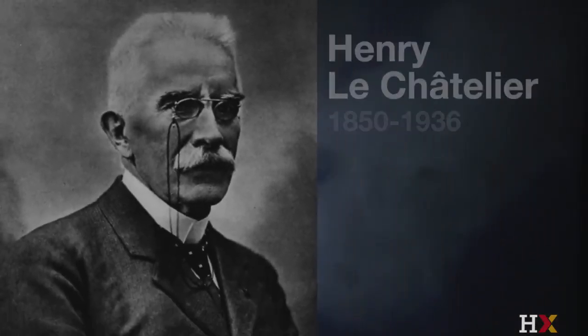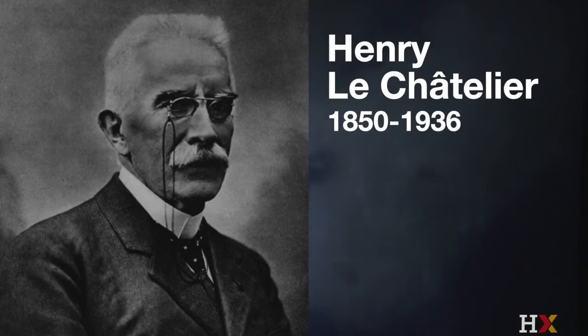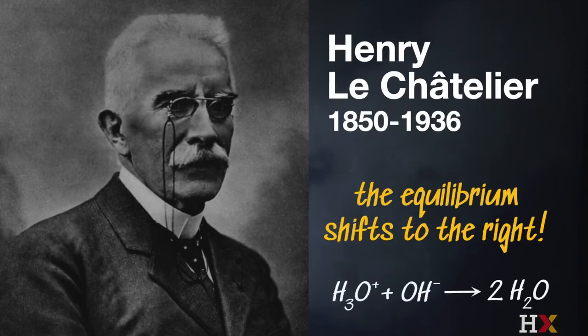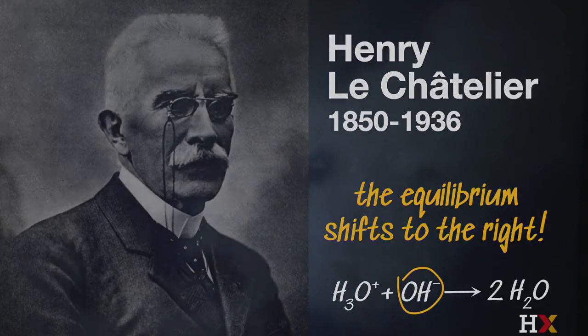This is just what Le Chatelier would tell us. The equilibrium shifts to the right. And the equilibrium shifts to the right because of the reaction of the OH minus coming out of the added base reacting with H3O plus. And we can calculate this new equilibrium constant. That's Ka, the acid dissociation constant, times 1 over the dissociation constant of water.